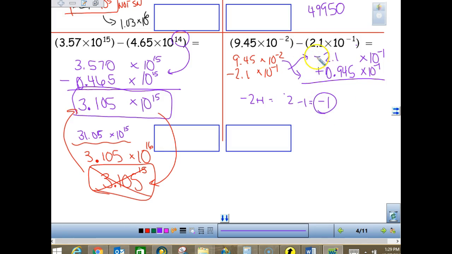So on your calculator, the easiest way, because you will have calculators when you're doing this quiz or this test, you are going to put in negative 2.1 on your calculator plus 0.945. Negative 2.1 plus 0.945. We ended up with a negative 1.1.